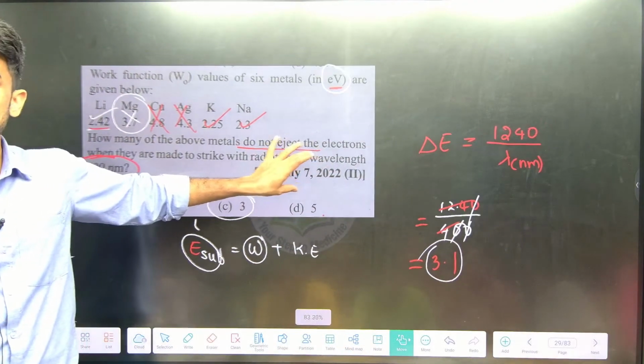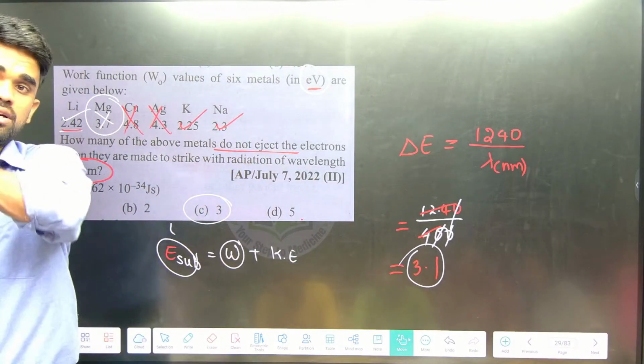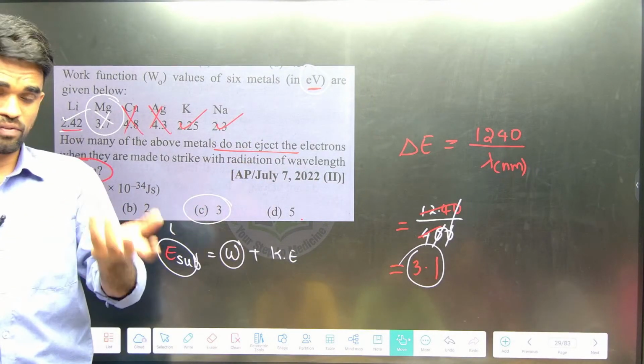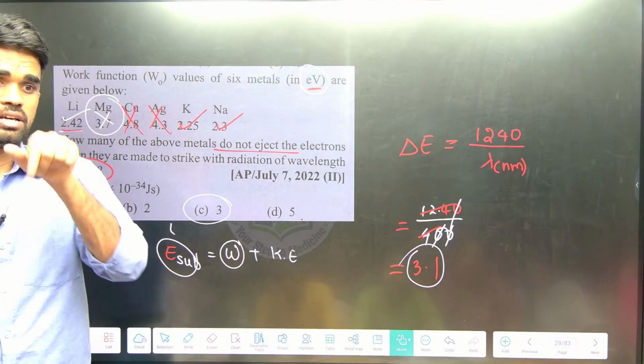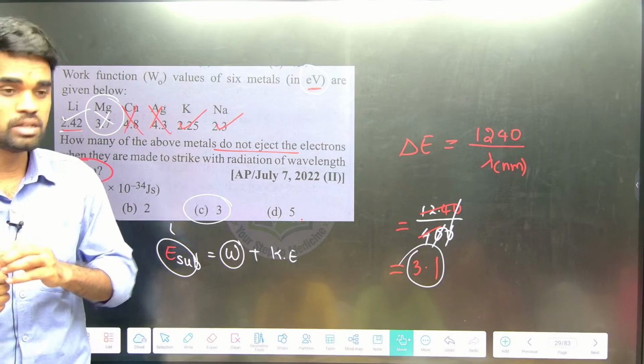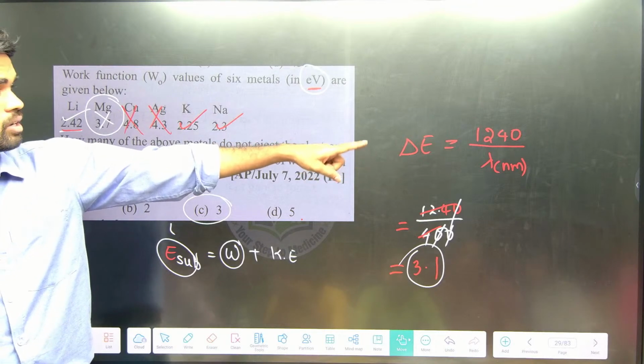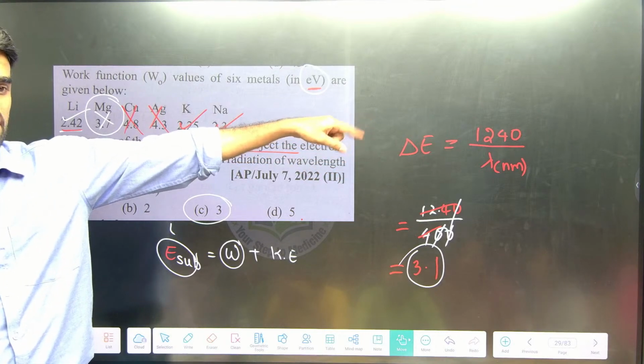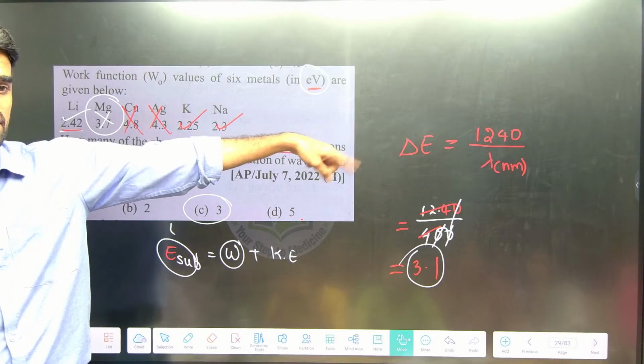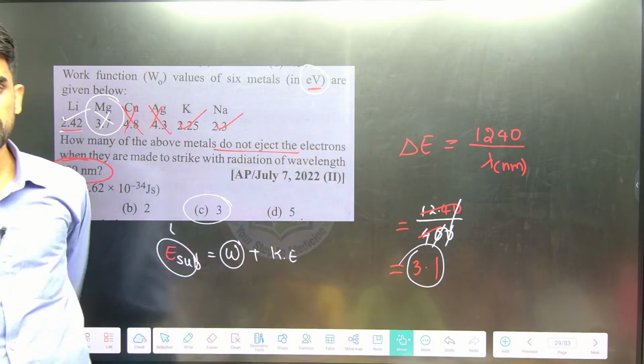Previously you remembered energy in terms of joules: E equals h nu or hc by lambda. Here, if I ask in terms of electron volt, it is 1240 by lambda in nanometers.